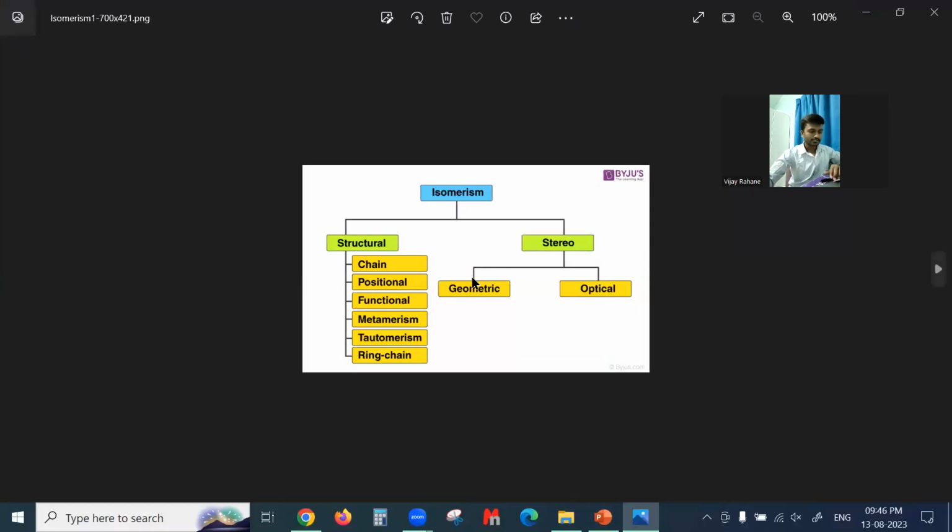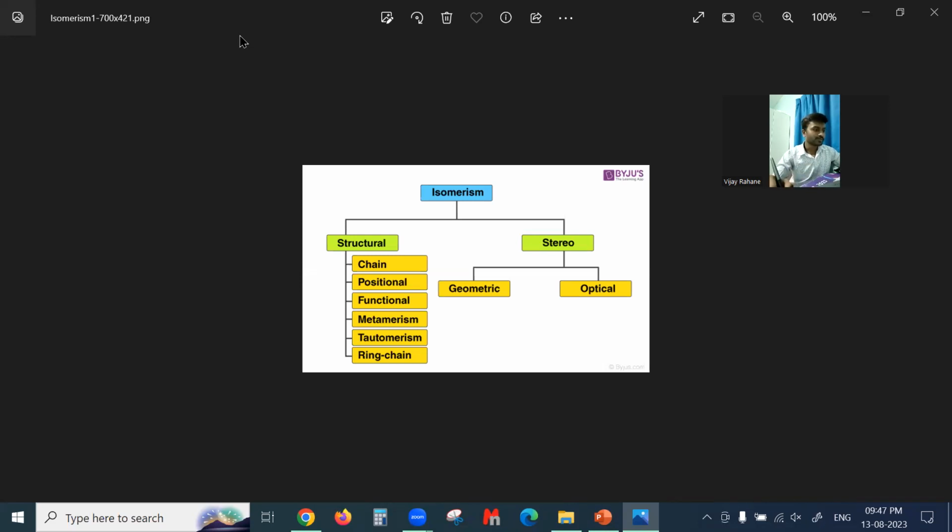So this is the isomerism, and there are different types. You can see here the structural isomer, and structural contains chain isomerism, for example n-hexane and 2-methylpropane. This is one example of chain isomerism.